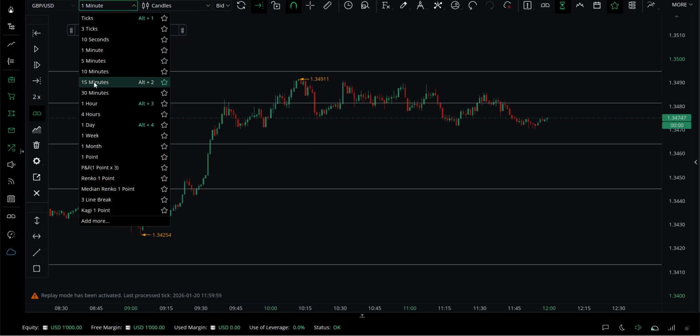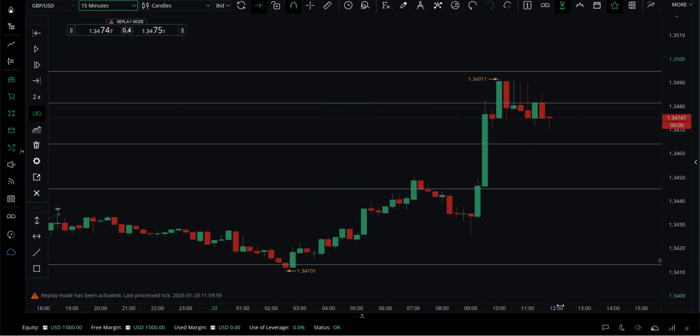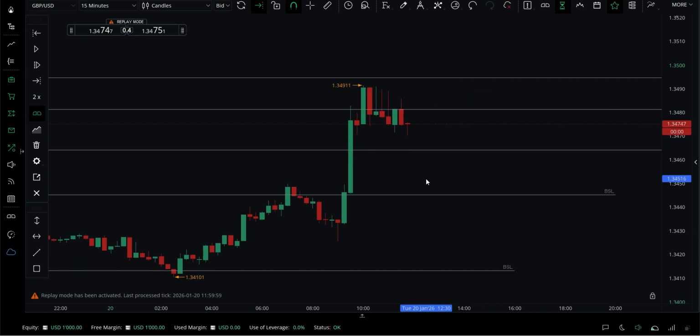Following our model and going back to the 15-minute chart, we would then have to look out for a premium array, and over here by the close of the London open kill zone, that is the close of the 4-hourly candle we identified, there is a rejection block created over here, which we can use for our entry.